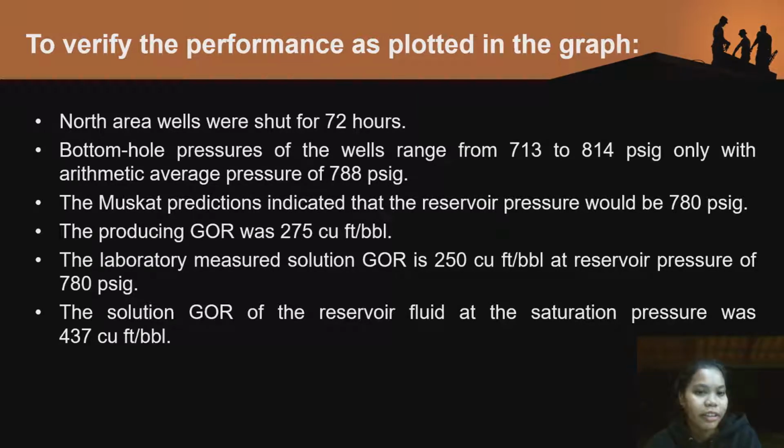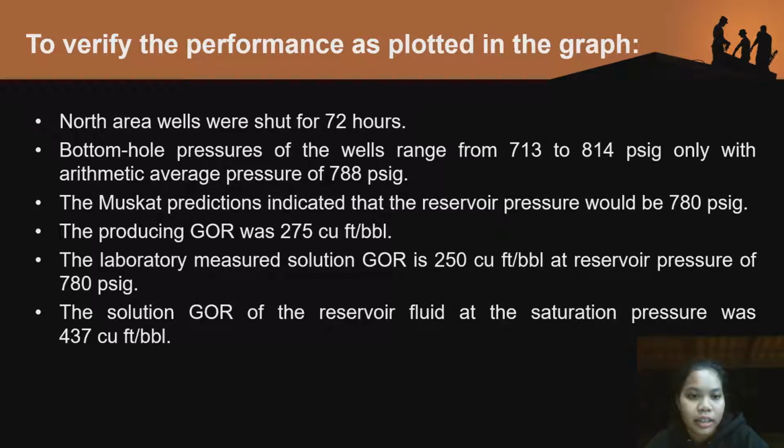First, the north area wells were shut down for 72 hours and the bottom hole pressures of the wells ranged from 713 to 814 psig, with an arithmetic average pressure of 788 psig. The material balance predictions indicated that the reservoir pressure would be 780 psig.